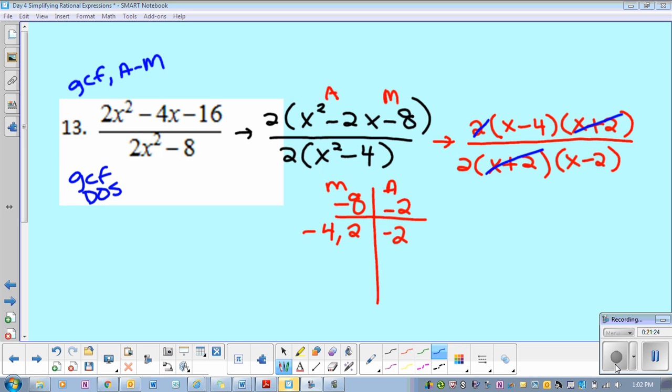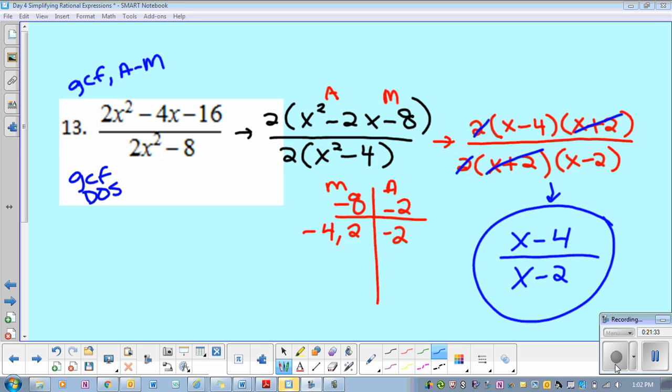The 2's. So just make sure you clean this up and you write down your final answer. So x minus 4 over x minus 2. Since it's just those that are left over, you don't have to put parentheses around it, but if you do, that's fine. It's not right or wrong either way.